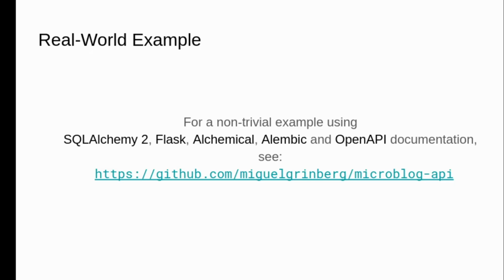If you want to see something that is not so simple, I recommend Microblog API. This is a backend project that uses SQLAlchemy 2, Flask, Alchemical, Alembic, and also has OpenAPI documentation. So really, a production scale type project, completely non-trivial, if you want to see how things look in something made for the real world.